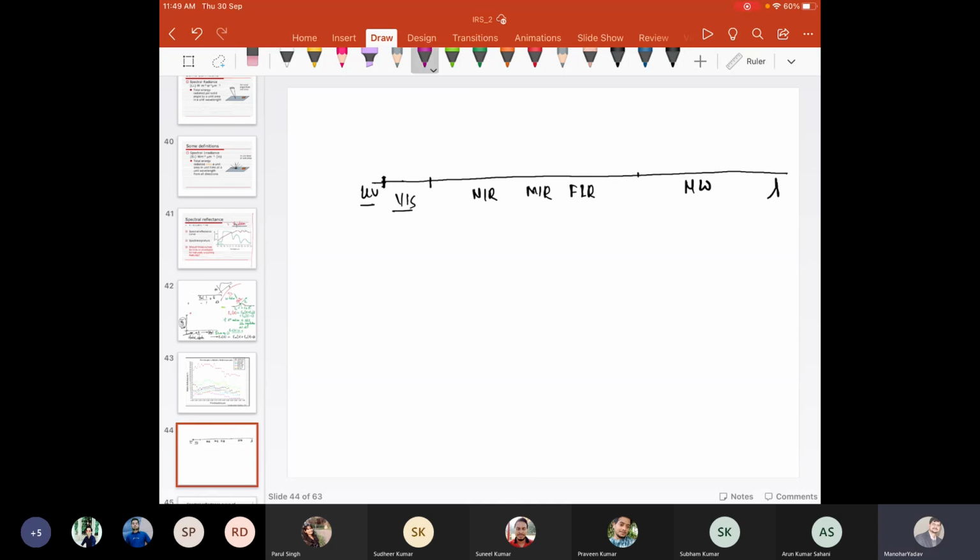Then after that, we discussed the atmospheric windows.